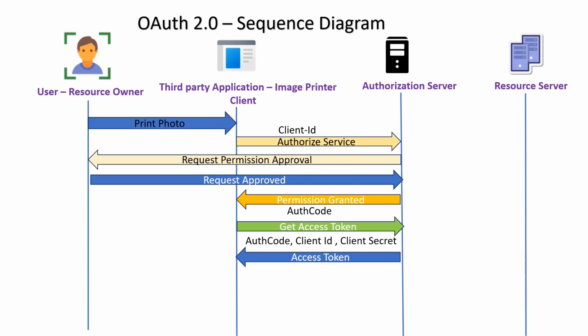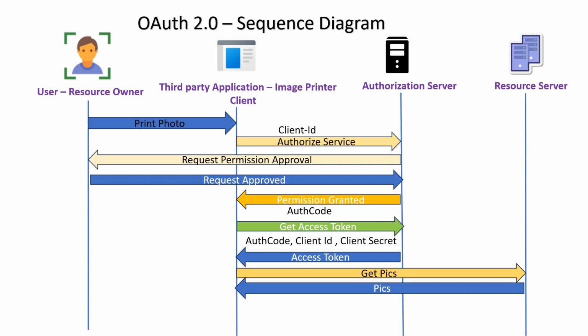Once it gets the access token back from the auth server, it is going to send a request to the resource server using this access token. Now the resource server will also verify, because both are part of one ecosystem. The resource server will verify with the auth server whether the access token is correct or not.